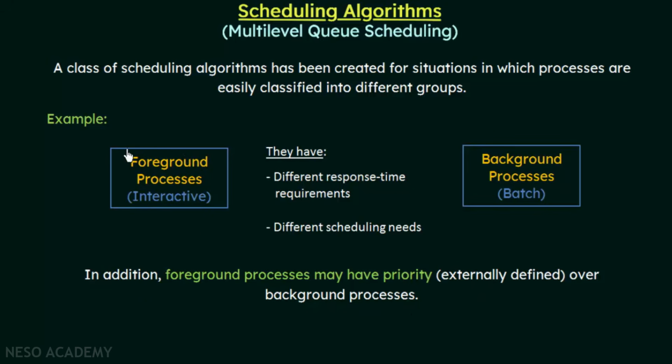Since the foreground processes have to be interactive and quick, their priority will be higher than that of the background processes. These foreground processes are in constant interaction with the user, and if they end up waiting in the ready queue for a long time to get the CPU, their response time will become long, and hence it is going to be a slow experience for the user.